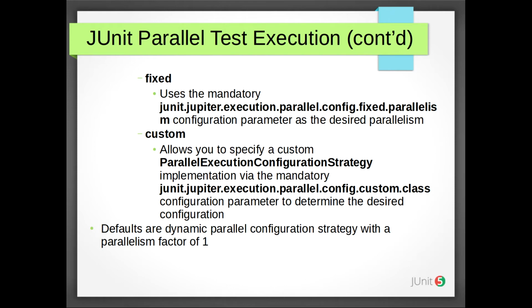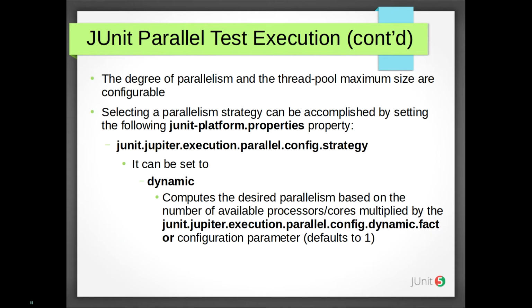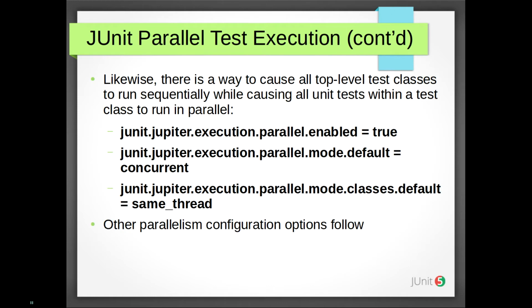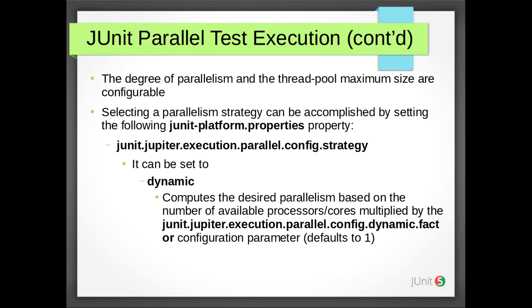Alright, let us continue. So the defaults are the dynamic parallel configuration strategy with a parallelism factor of 1. And I'm going to go back one slide, just to remind you that dynamic, fixed, and custom are the three potential values of the following property: junit.jupiter.execution.parallel.config.strategy.